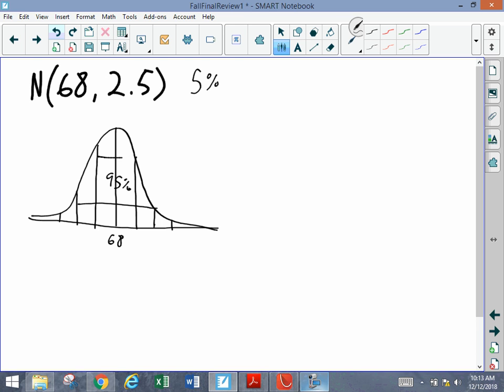So it tells me that right in between here is 68% of the data. In between those two intervals is 95% of the data. And remember, in between these two, we have 99.7% of the data.